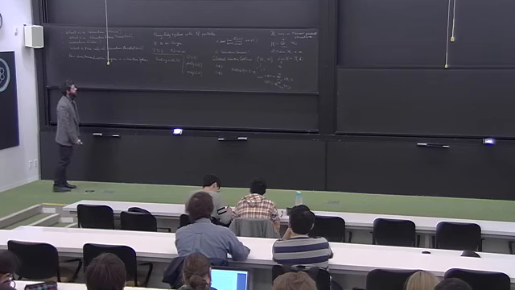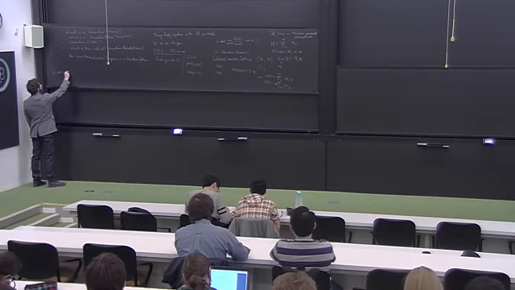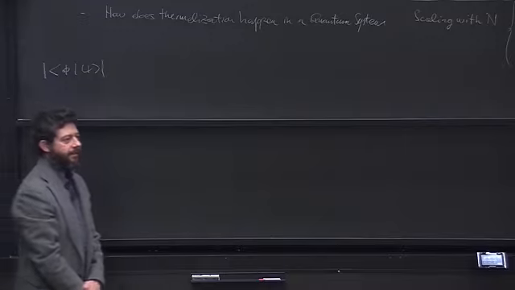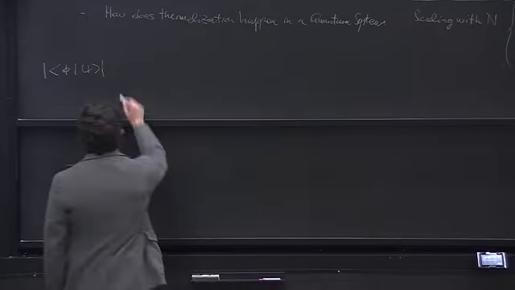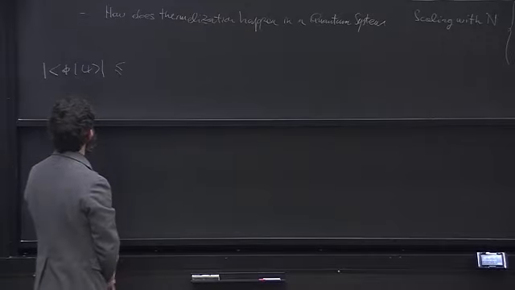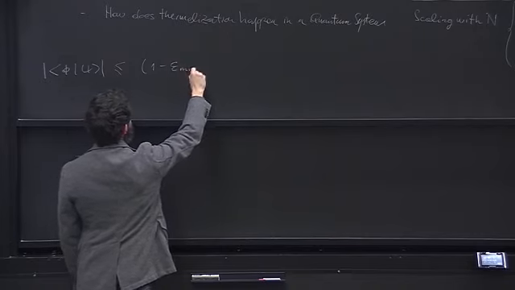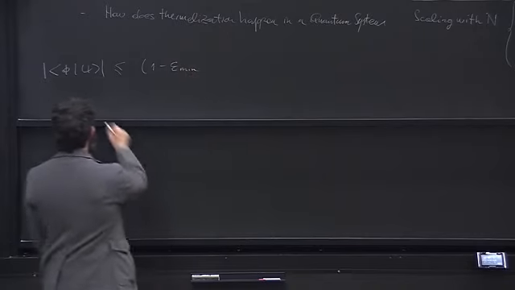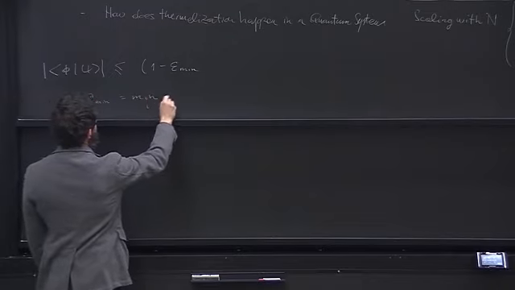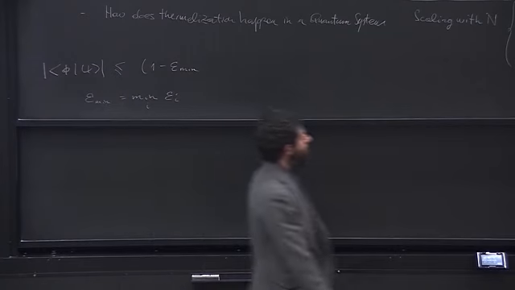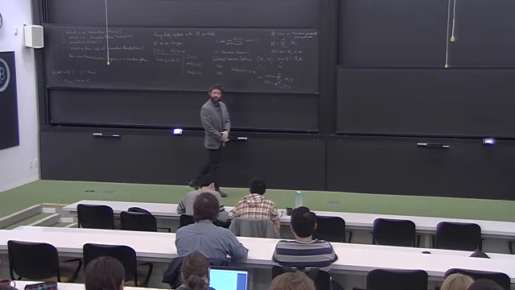So what happens now to this product? So you see, when you take this product, you see that this is smaller than (1 minus epsilon_min) to the power N, where epsilon_min is the minimum of all epsilons, because I'm requiring that each of these copies of the states are very similar.